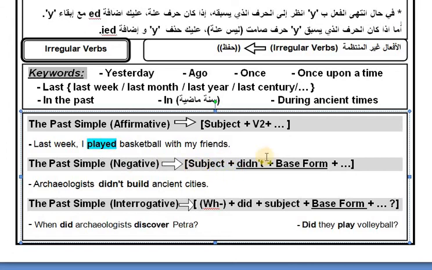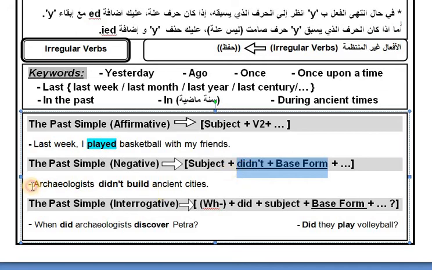So here subject plus didn't plus base form. You need to pay attention that in the negative بالنفي and the past simple tense بزمن الماضي احنا رح نستخدم didn't plus base form. Didn't plus base form. didn't هي اللي عبرت لك عن الباست الماضي، لكن شرط didn't يجي بعدها base form.